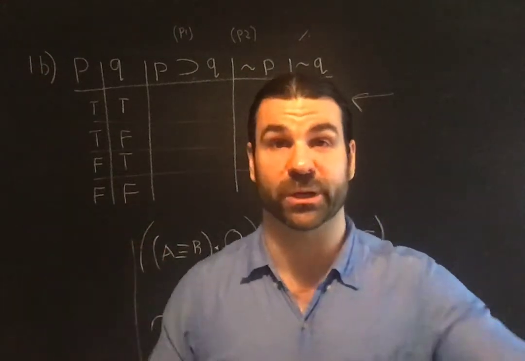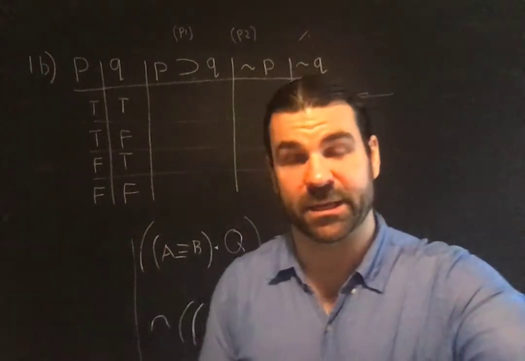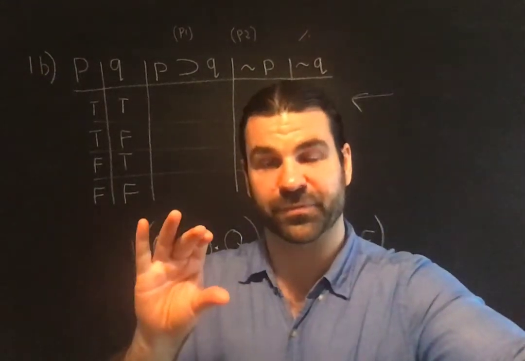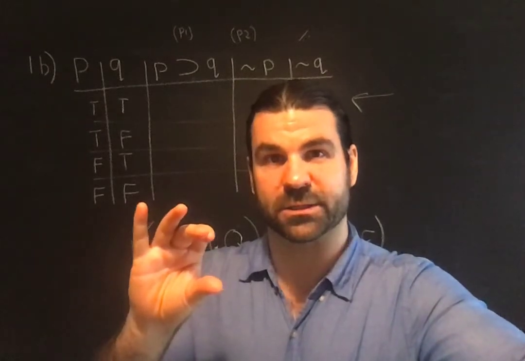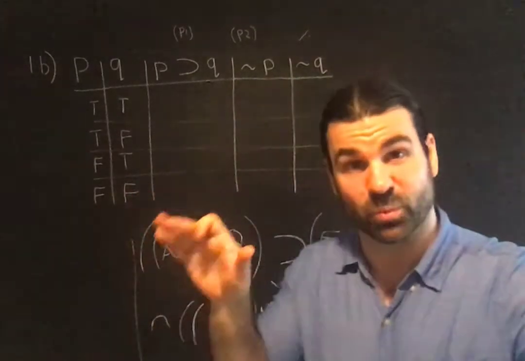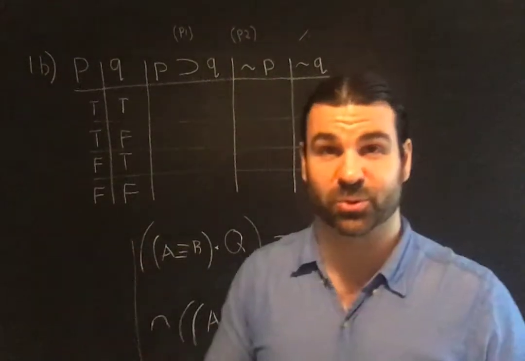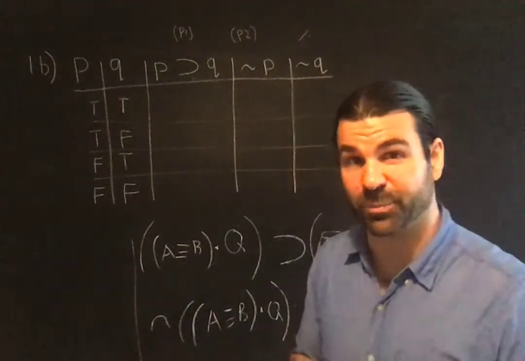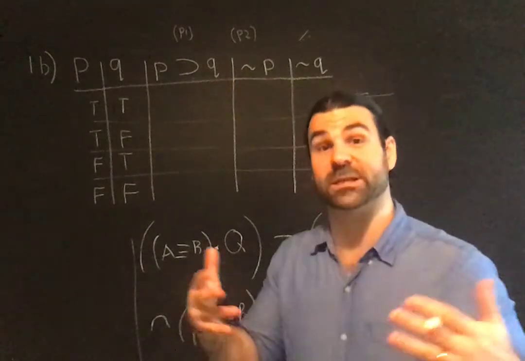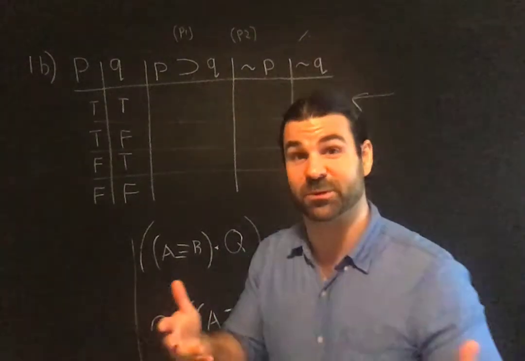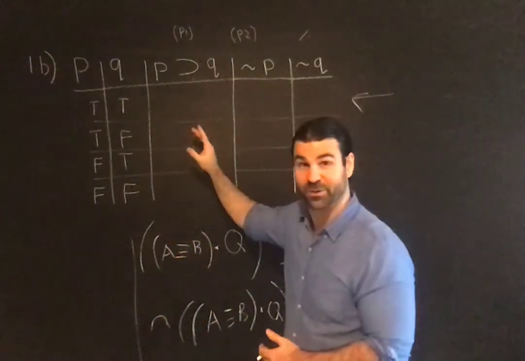Because what do we need to do? We need to see whether there are any arguments where the premises are true and the conclusion false. So we're concerned with the truth values of the premises and conclusion. But the only thing that goes into determining those is the truth value of the components, right?